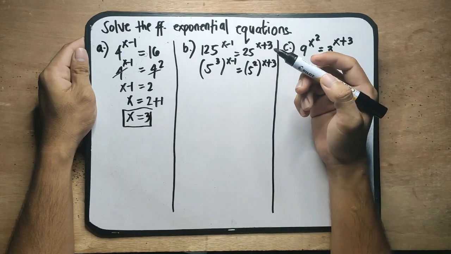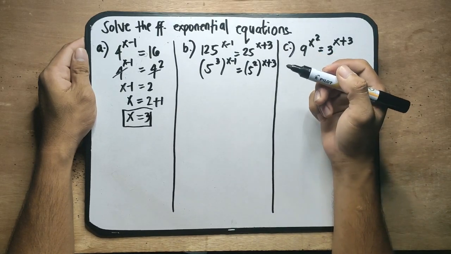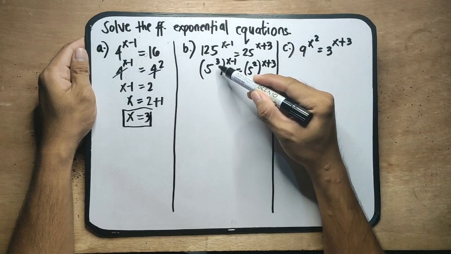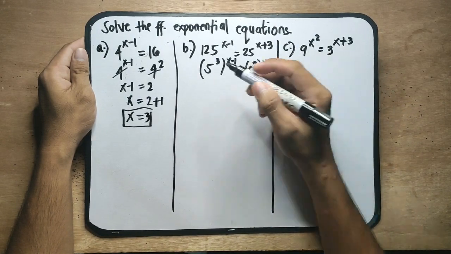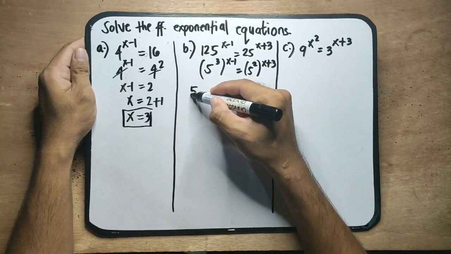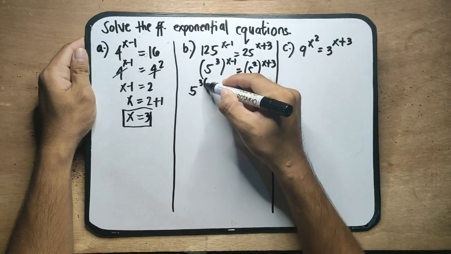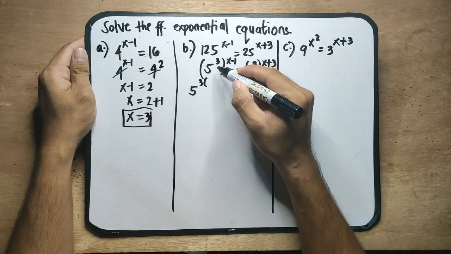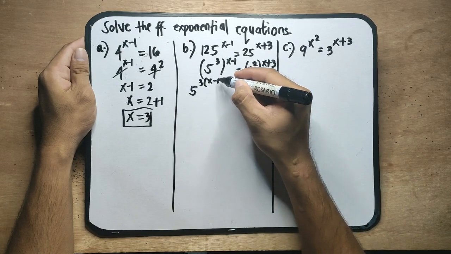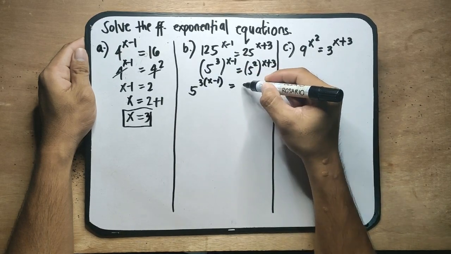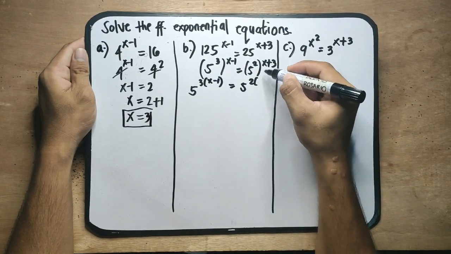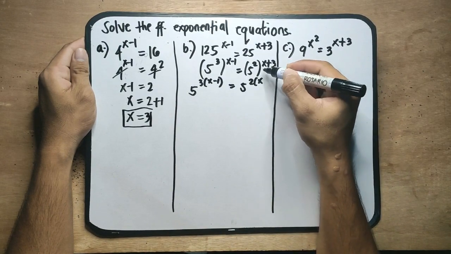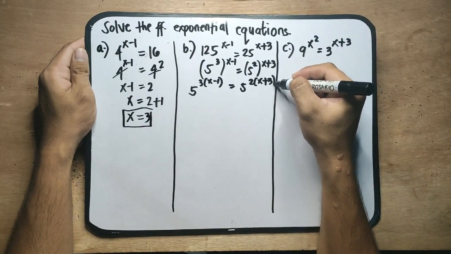Applying the product rule, yung power ni raise na naman to another power, it can be solved using this way. 5, we multiply their exponents. 3 times x minus 1 is equal to 5 raised to 2 times the exponent outside the parenthesis, which is x plus 3.